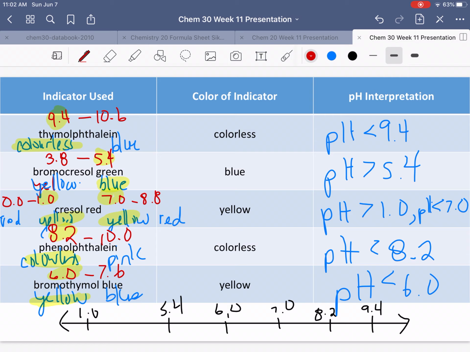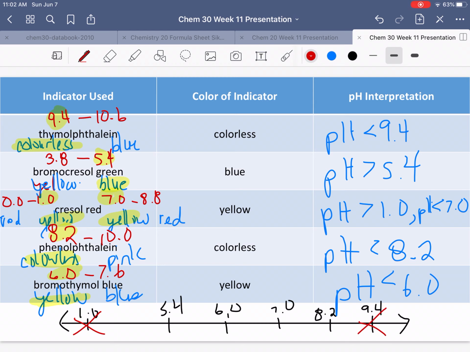So this is where you go from a range. You go, okay, it's greater than 1.0. Fine. But all of these are greater than 1.0, and it also has to be greater than 5.4. That means that I can eliminate this one because 5.4 is a more useful number. Now let's go the other side. It's less than 9.4, okay, cool, but it's also less than 8.2. Oh, I can get rid of this one then because 8.2 is narrowing the range.